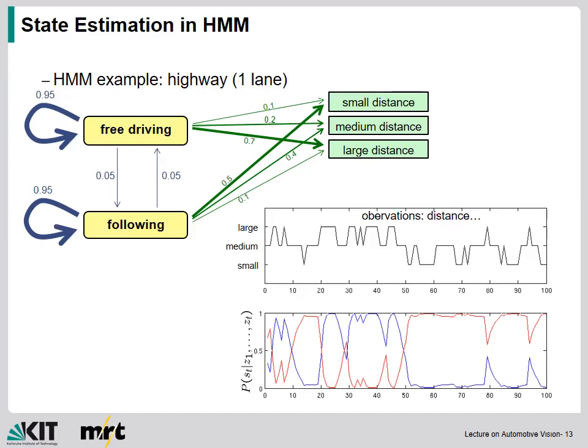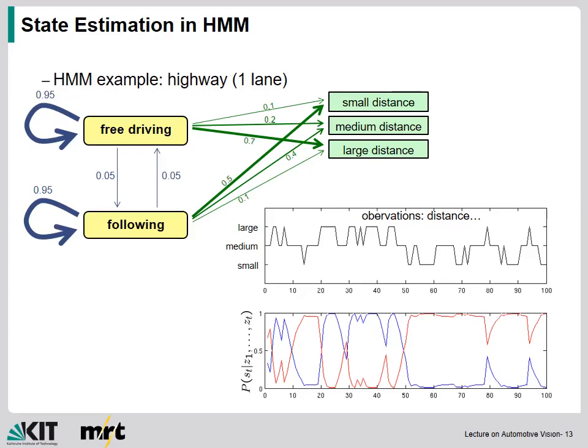As we can see, if we are observing large distances, then of course the free driving state becomes more probable. If we observe small distances, then the vehicle following state becomes more probable. And we can also see that individual deviations from what we expect, so if the observation is a little bit different from what we expect, then the filter corrects this kind of imprecision.